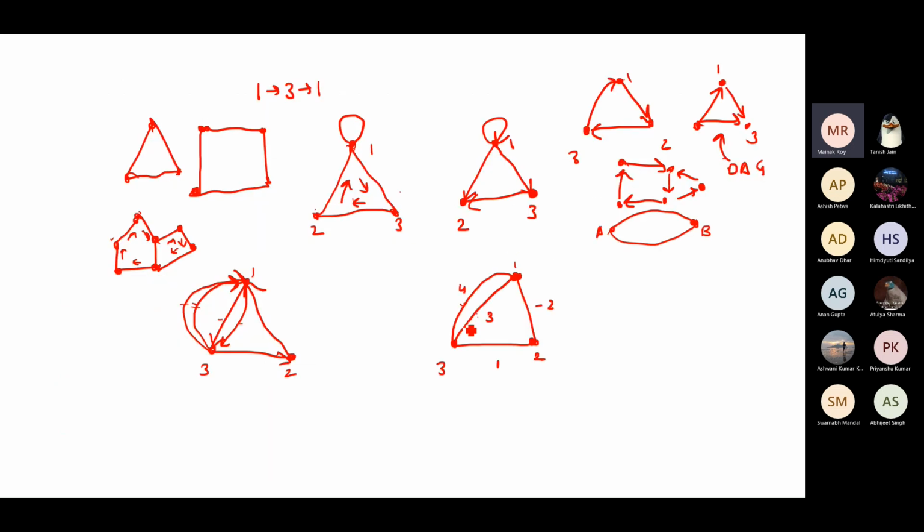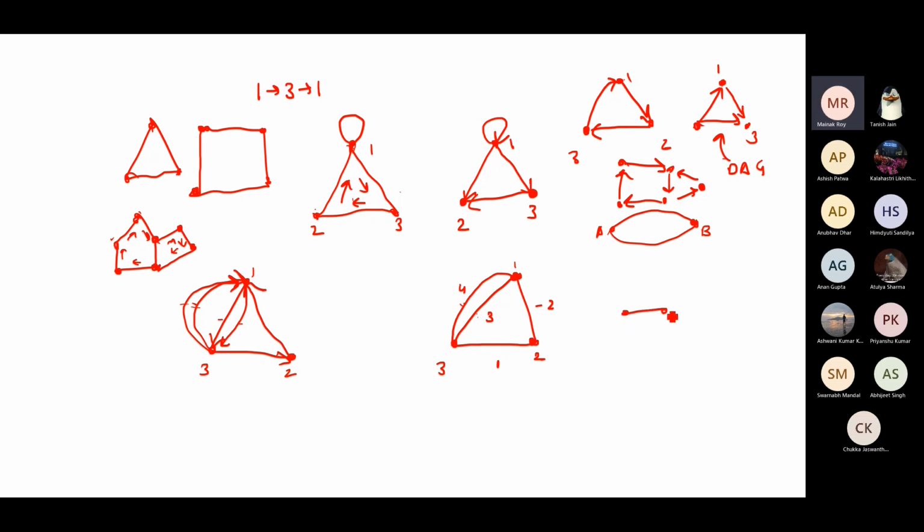So for example, let's draw this graph. I can go like this, say 1, 3, 2, 1, 4, 3, then 1, 2, like this. I can just keep going.